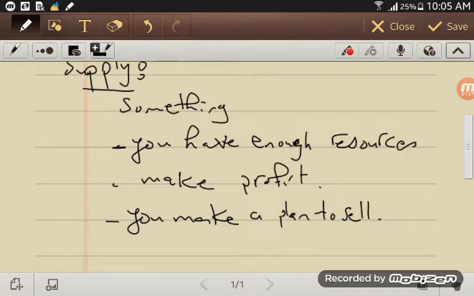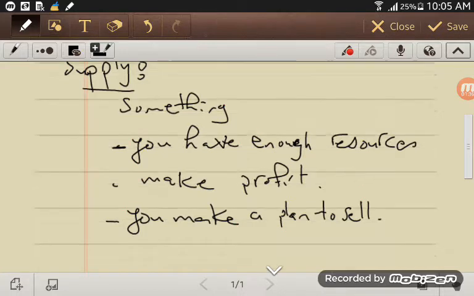The 3 points together represent supply. If any one of them is missing, this is not a supply.